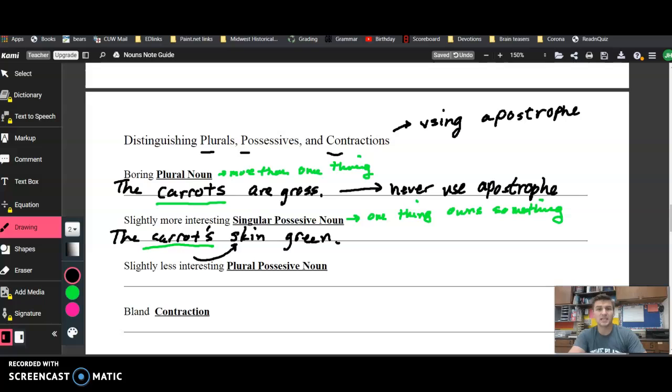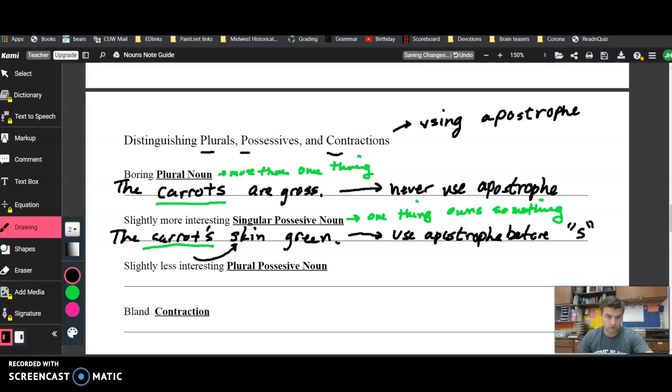So when we're using a singular possessive noun, we need to use an apostrophe before the S. Right? And that's always true.